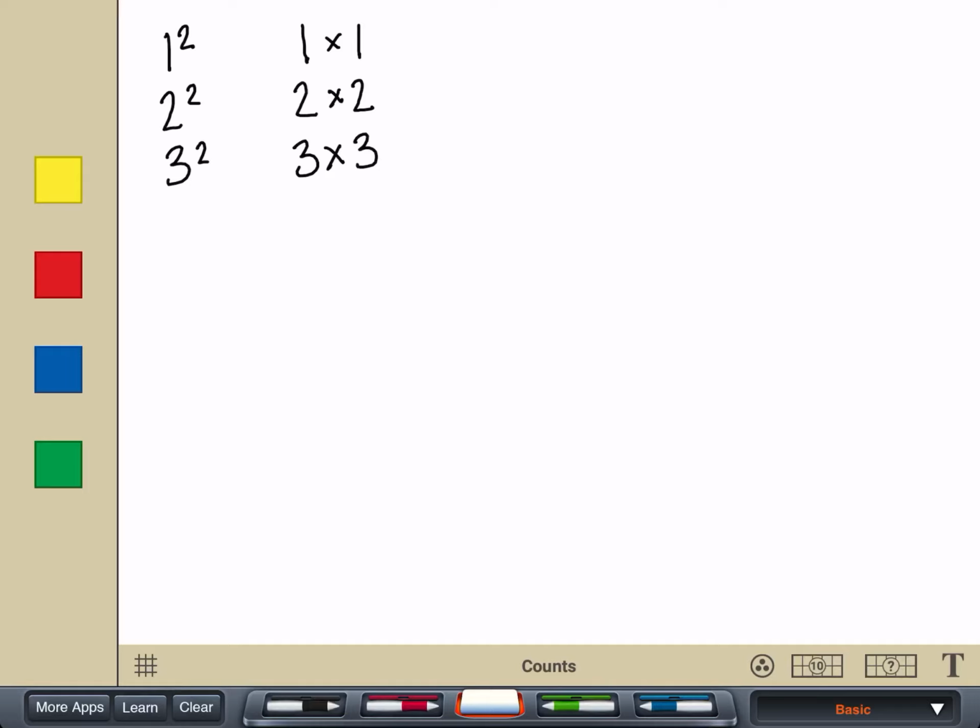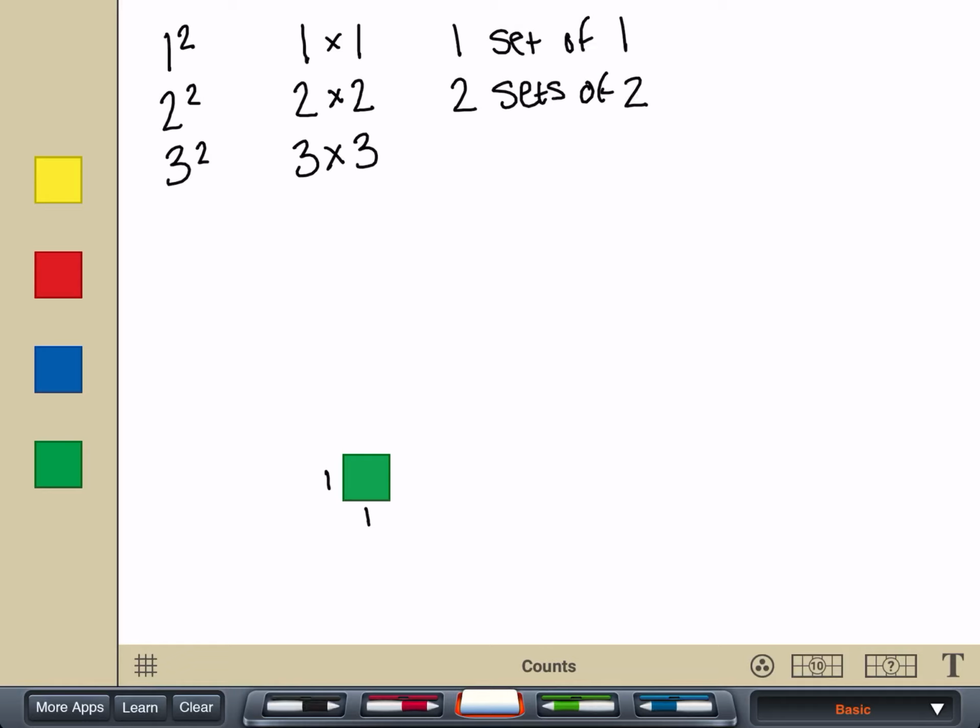So 1 squared, 1 times 1, or 1 set of 1. 1 set of 1. Right there. We have 1 set of 1. 2 squared, 2 times 2, 2 sets of 2.